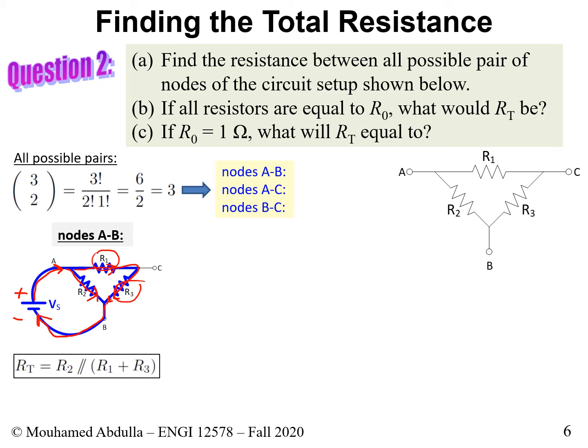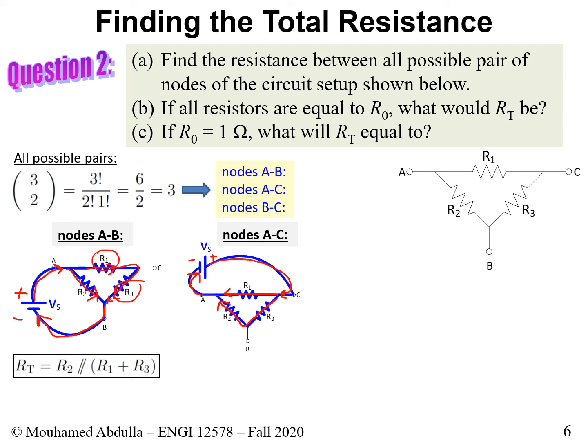So let's then look at the next one. What happens between nodes A and C? So between nodes A and C, if we connect a dummy source here, this is your plus, this is the minus. Do the path for the current, it comes in here. Part of the current goes to resistor R3, into resistor R2, into resistor R1, it merges again, and it goes back to the negative side.